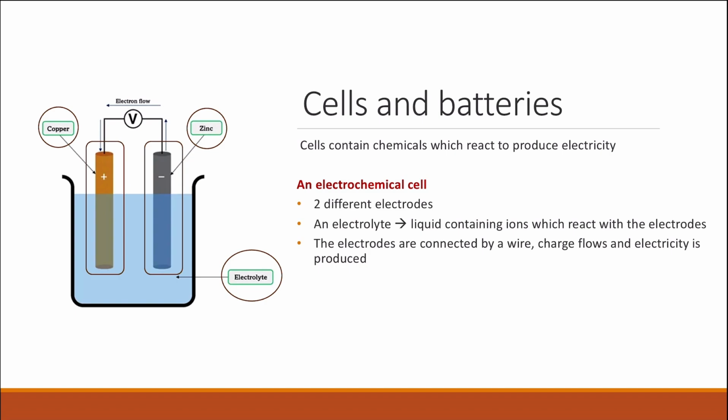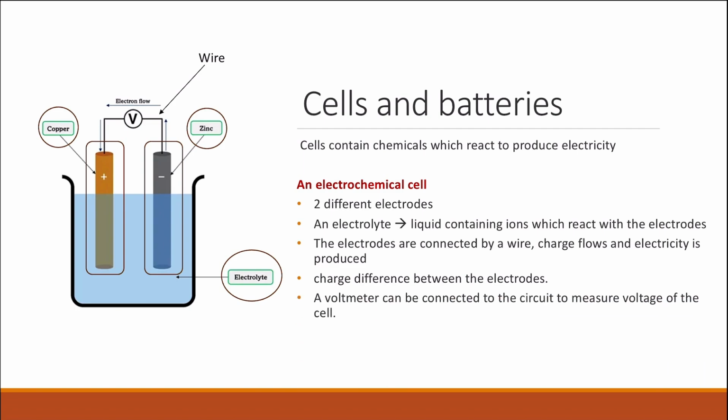The two electrodes are connected together by a wire, and the wire will allow the charge to flow and electricity to be produced. And because there is some charge difference between the two electrodes, we can have a voltmeter connected to the circuit to measure the voltage of the cell.